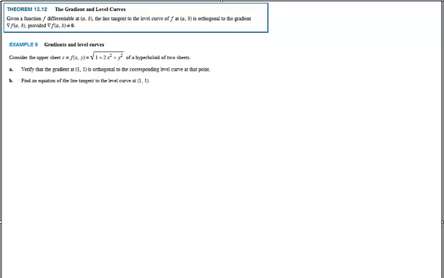In order to prove that the gradient at 1, 1 is orthogonal to the corresponding level curve, I'm going to have to find that tangent vector, and I will need to show that the tangent vector dot product with that gradient at 1, 1 is 0.